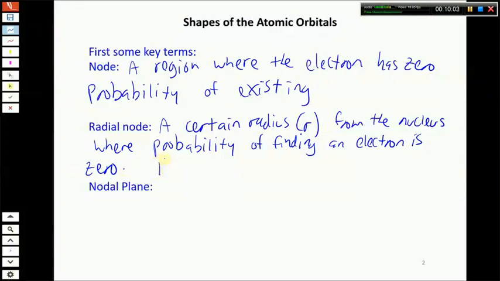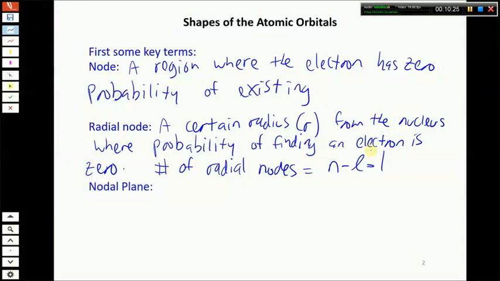And there's a simple relationship for the number of radial nodes as a function of those quantum numbers. So the number of radial nodes is given by the first quantum number n minus L minus 1. So for a given type of orbital defined by an n and L value, you can determine the number of radial nodes with this simple relationship.